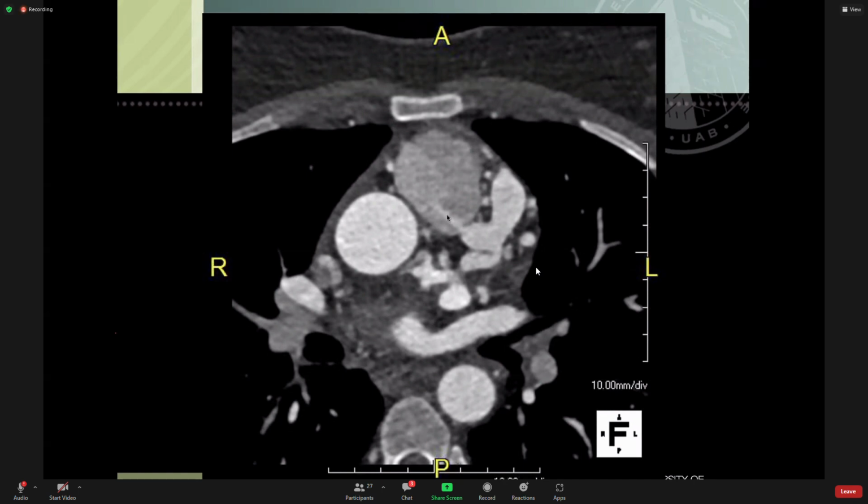For this person, the right coronary artery has to supply the entire myocardial oxygen demand, and there are epicardial coronary collaterals. So it's supplying blood to the left coronary artery, which is dumping it into the pulmonary artery. Only the right coronary artery has forward flowing blood to supply the heart.